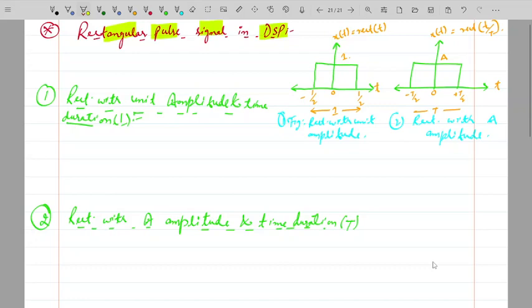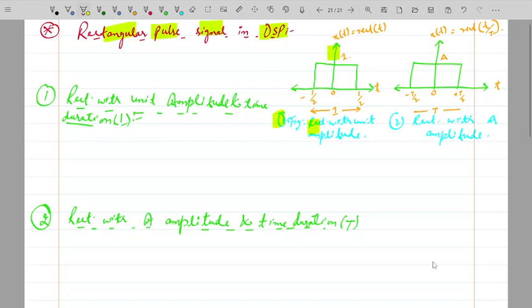So guys, what is a rectangular pulse signal? Basically, a rectangular pulse signal is a rectangle placed around the y-axis, as you can see in figure 1.